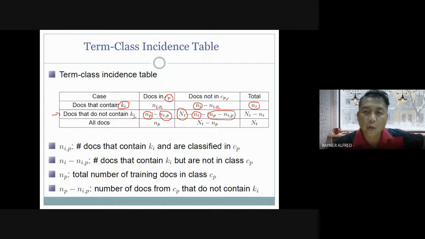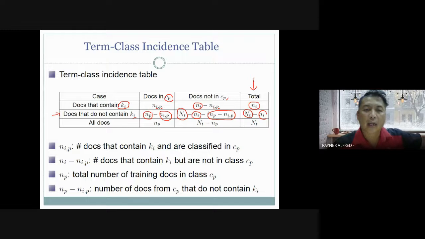So this one is all the documents that belong to class P and do not contain keyword I. Okay, so basically the total will be the total number of documents minus the total number of documents that contain keyword I. So this is the final figure that we are looking at.